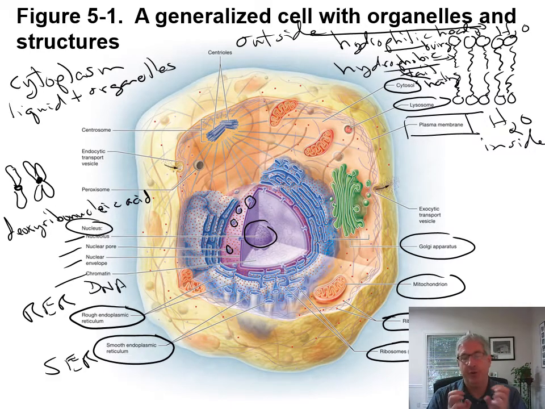But when it's in your cell, generally it's all unwound, and so it's this loose, stringy stuff that's all in there. That loose stuff is all called chromatin, because you want to be able to get access to the strands of DNA to make RNA off of those. So from DNA you make RNA, from RNA you make protein.